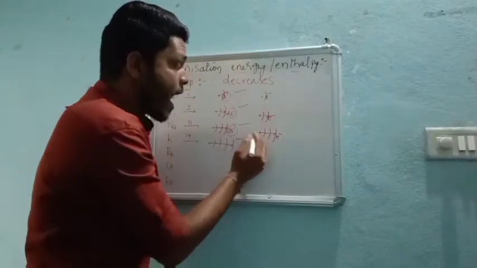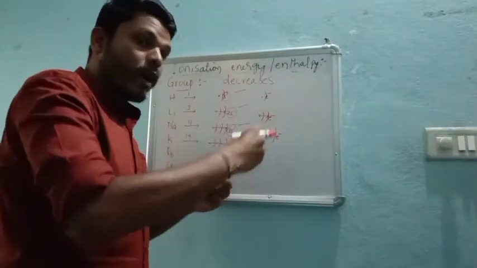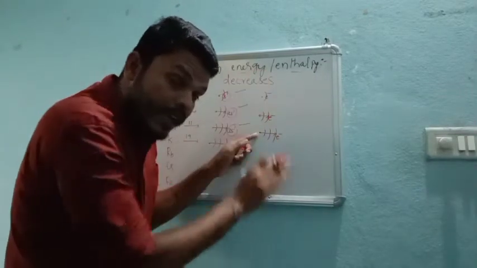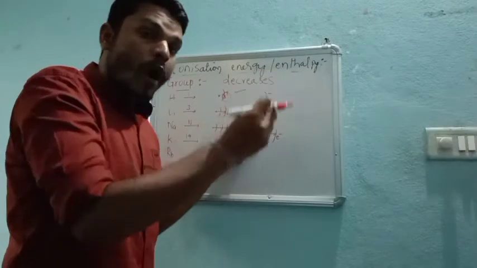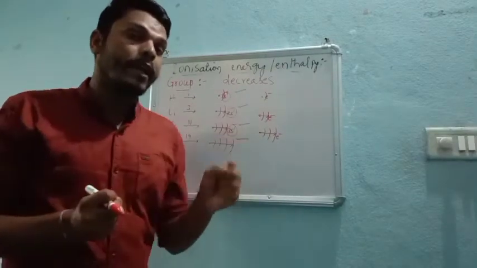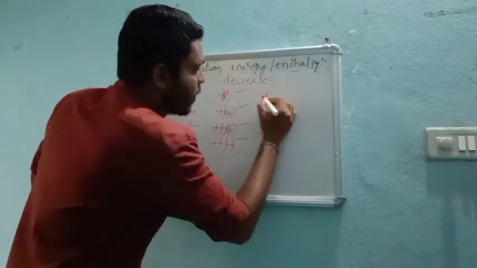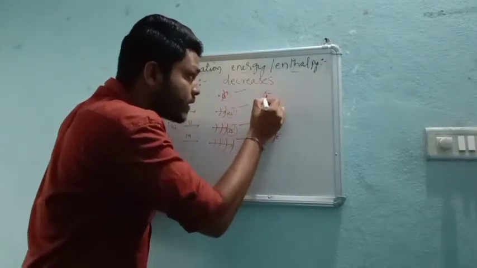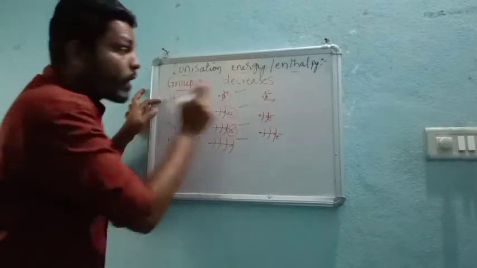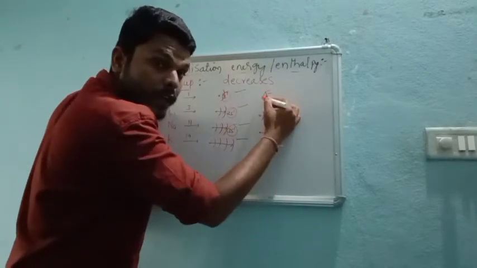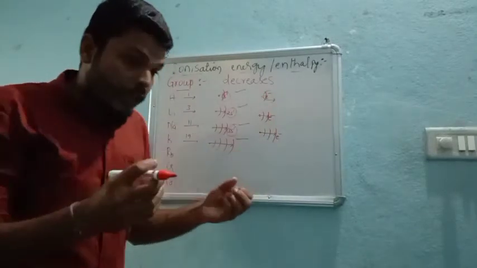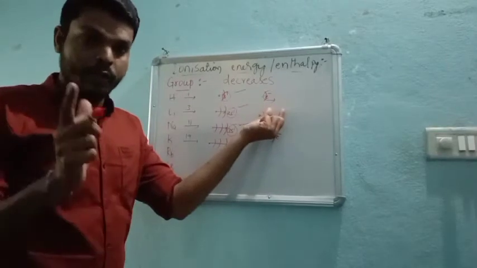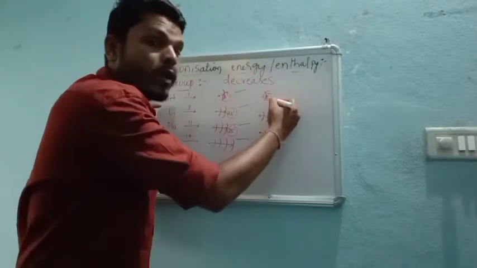As the electron moves away from the nucleus, the hold of the nucleus decreases. That means the bond strength or bond stability decreases. I require more energy to remove the hydrogen electron, because it is very near the nucleus, so the nucleus holds it very tightly. So this requires a large amount of energy compared to the others.